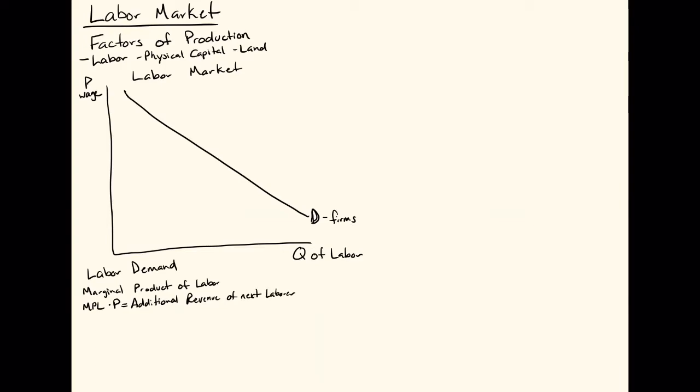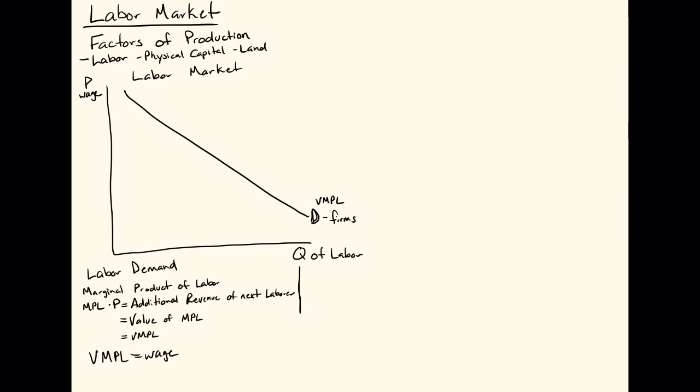We call the MPL times price of the final good the value of MPL, or VMPL. The labor demand curve represents the VMPL to the firm because firms will continue hiring until VMPL equals wage. Or said another way, the benefit of hiring the next worker equals the cost of hiring the next worker.